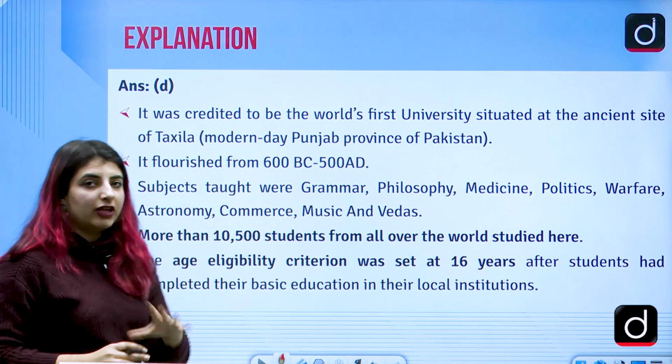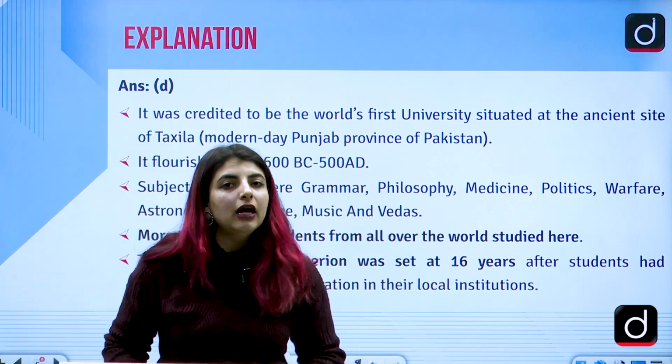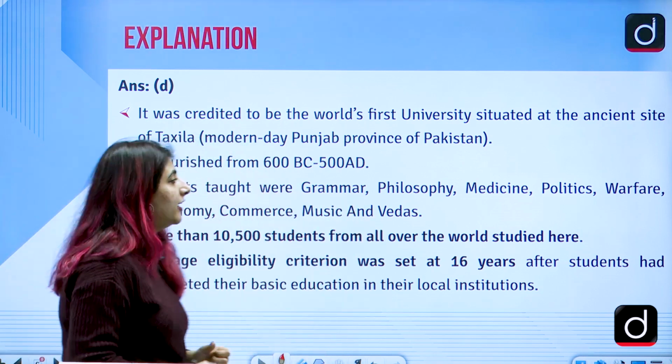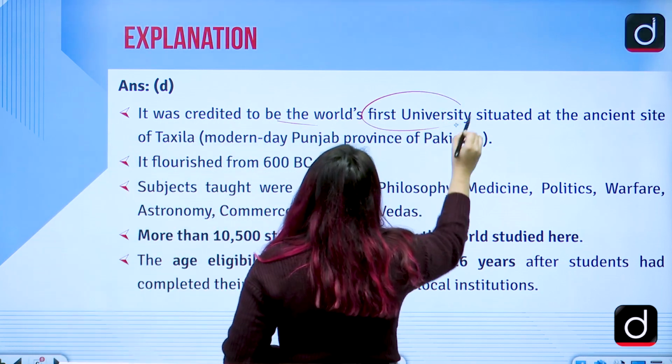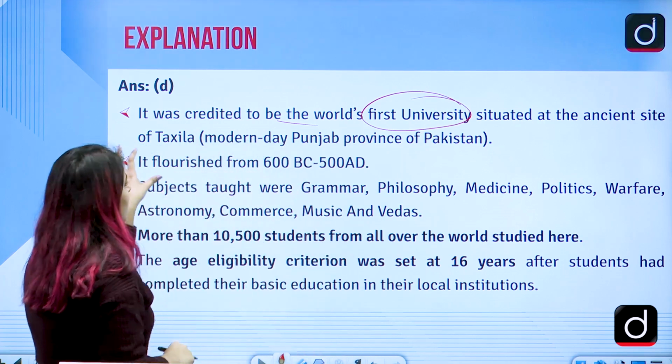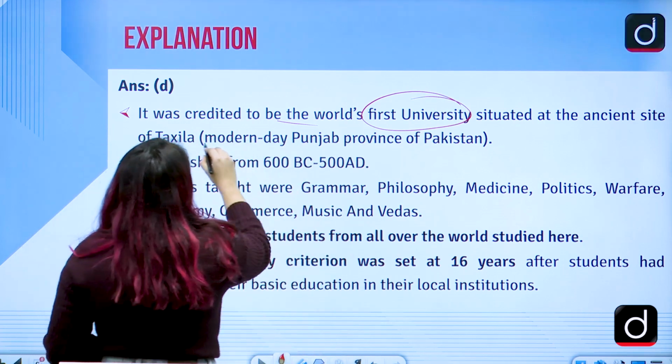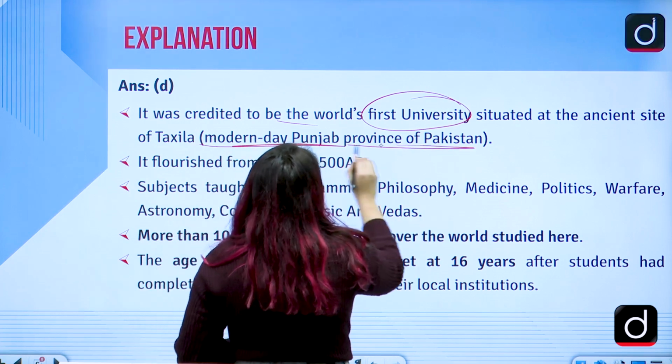If we talk about the Taxila University in the ancient Indian age, it was credited to be the world's first university, situated at the ancient site of Taxila. It is in the modern day Punjab province of Pakistan.